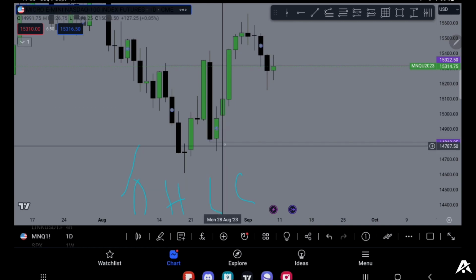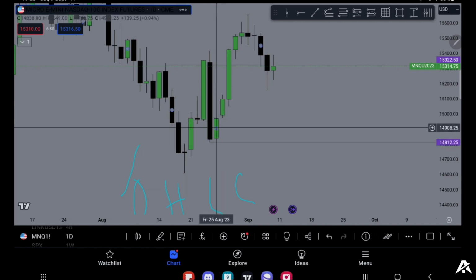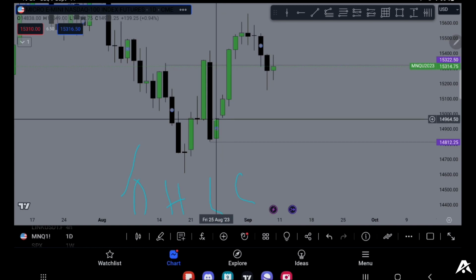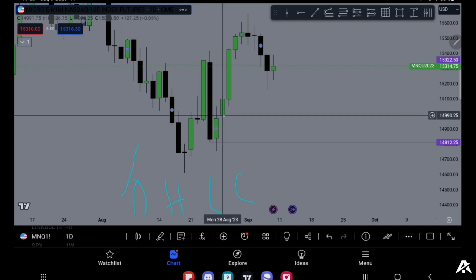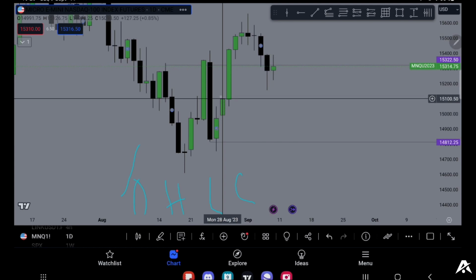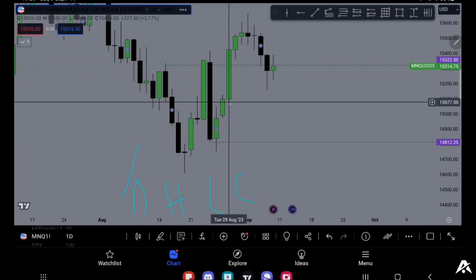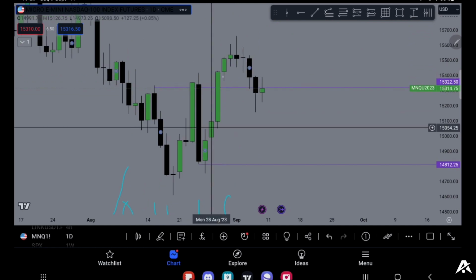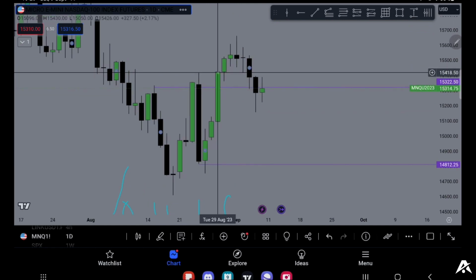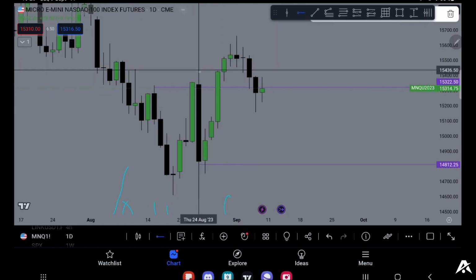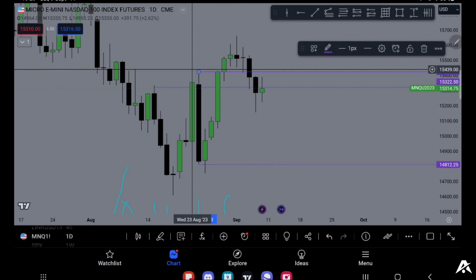Friday finishes, Monday starts. Monday starts, leaves a big imbalance between the close of Friday and the open of Monday. Wicks down, starts moving up. The next day, same thing, starts moving up. What happens here? You have your high again.